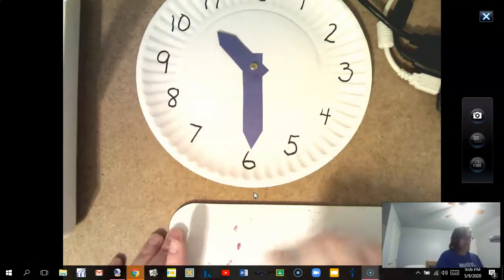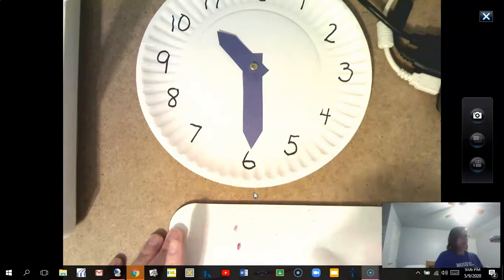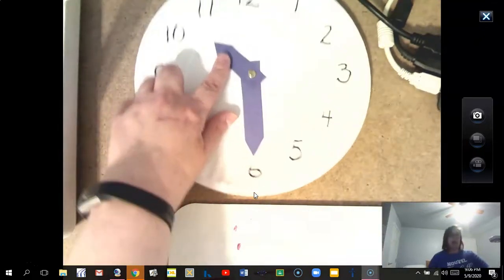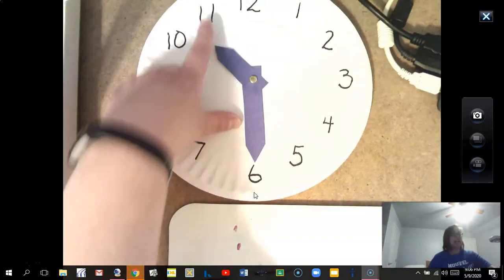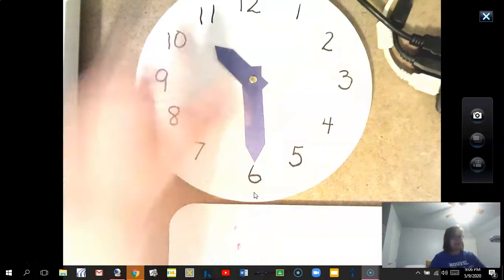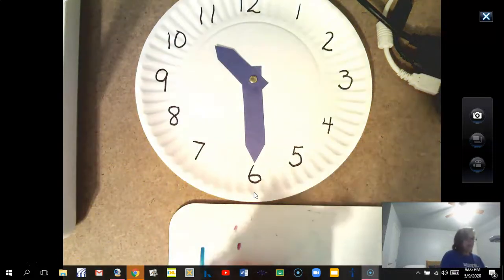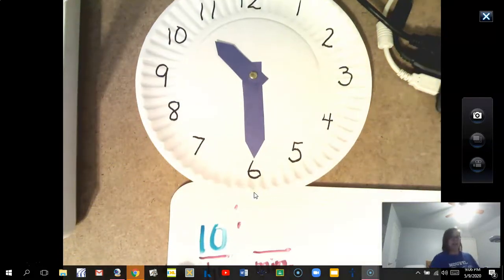So the hour hand is between the 10 and 11. Again, it has not reached the 11, so what time is it? 10, so that's the hour.